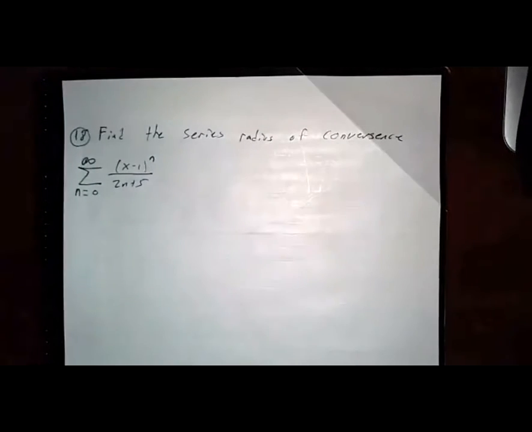Remember we said when we did the power series, you're basically going to do either the ratio or root test. That's going to create the radius for you because it has that restriction where it will only converge if it's less than 1. And then you solve that inequality, which creates the interval of convergence. And when you have that, you can find the radius just by looking at it.